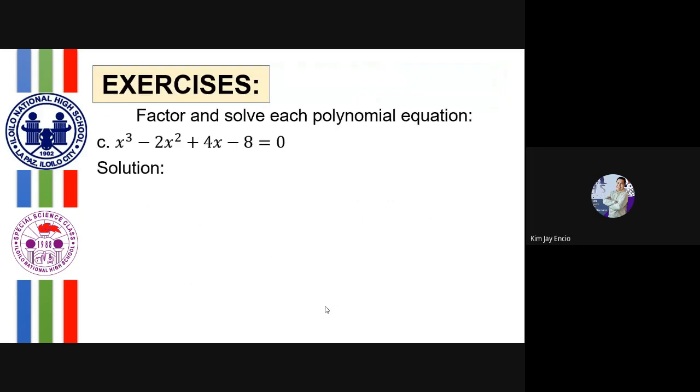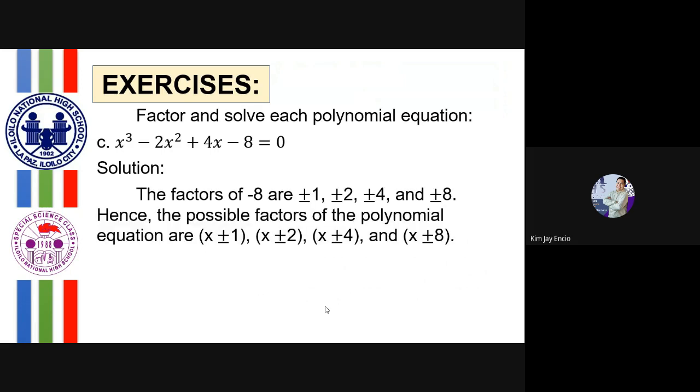Let's have another example. Factor and solve each polynomial equation. We have x cubed minus 2x squared plus 4x minus 8 equals 0. For this one, for you to do this method, it's important that the leading coefficient here should be 1.